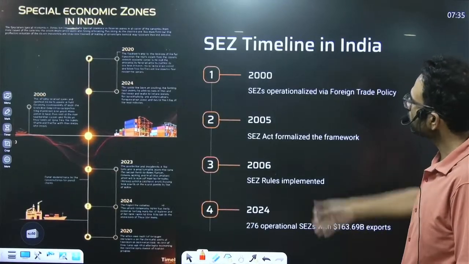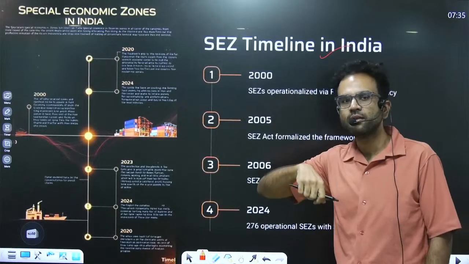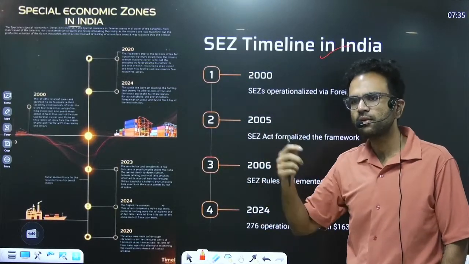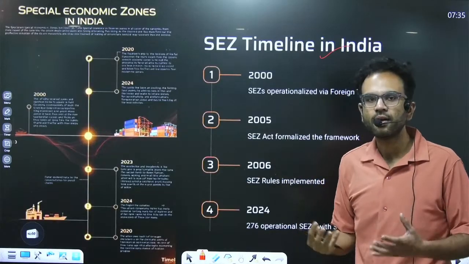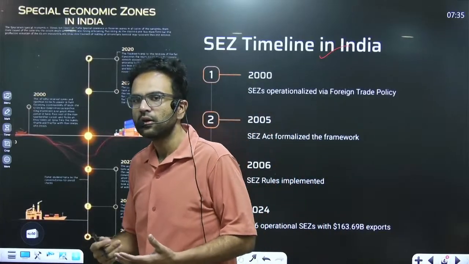Now, if you take a look at the timeline, way back in the 60s, 70s, 80s, from then we've had this idea that we have to emulate how China was growing.